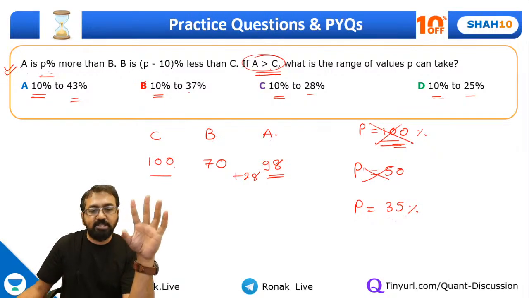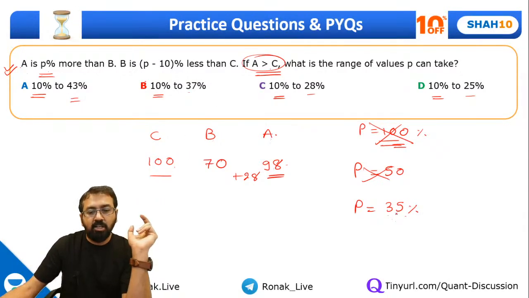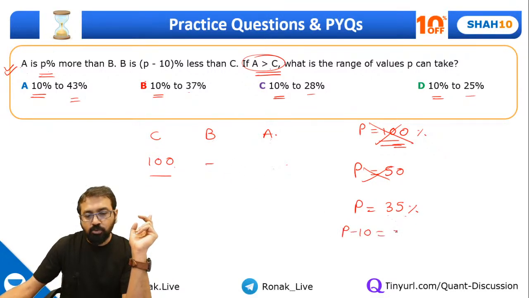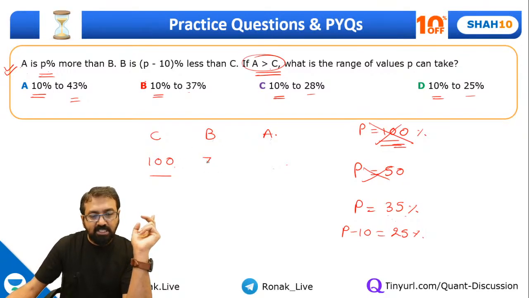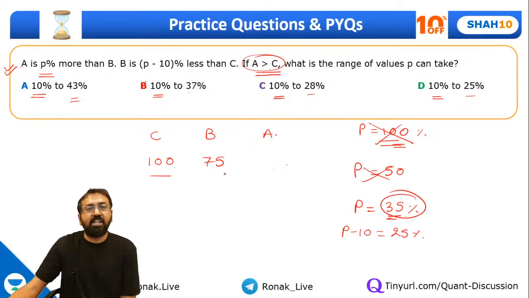Right? Let's try for 35%. If I take 35%, because this is coming very close, so it will soon cross this 100 mark. So that's why I'm trying with 35%. So if I take P as 35%, so what is P minus 10? 25%. So B is 25% less than C. So B कितना आ जाएगा 75. A is 35% more than B. Now what is 35% of 75?